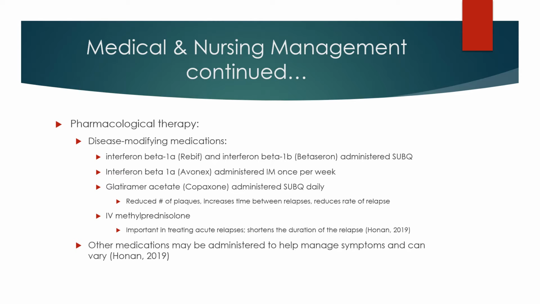Glatiramer acetate, administered sub-Q daily, is known to reduce the number of plaques, increase the time between relapses, and reduce the rate of relapse. IV methylprednisolone is important in treating acute relapses and shortens the duration of the relapse. Many other medications may be administered to help manage symptoms of MS, but these vary depending on the symptoms the patient is currently exhibiting.